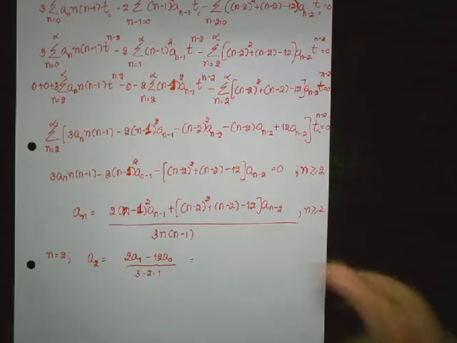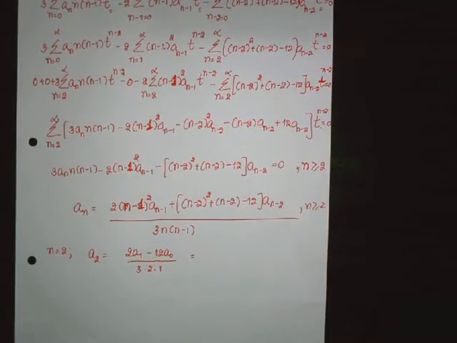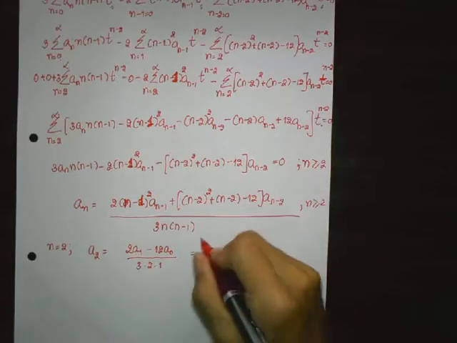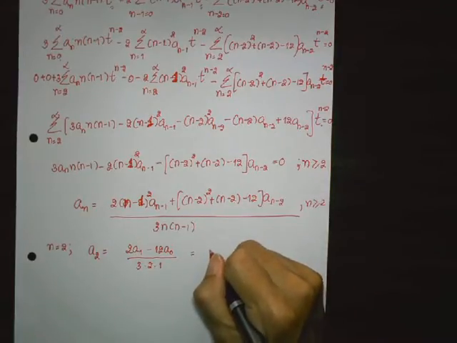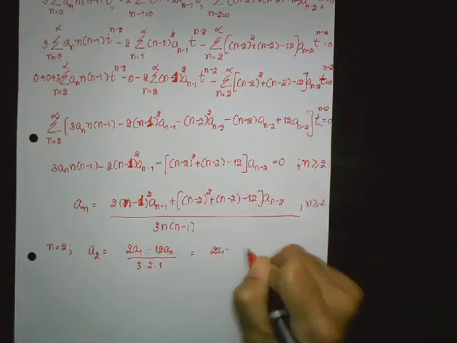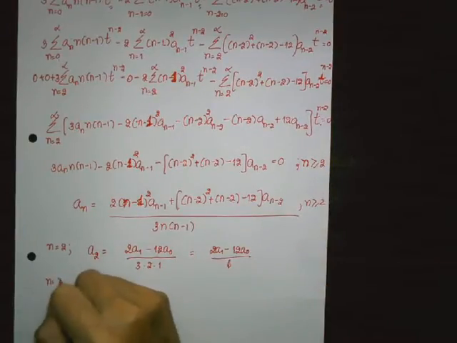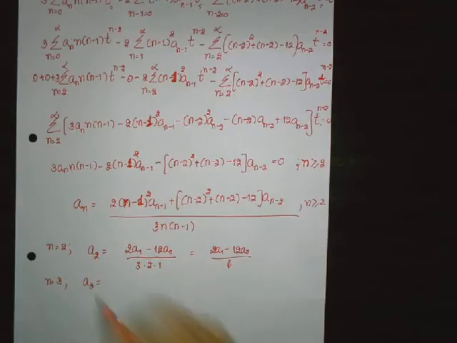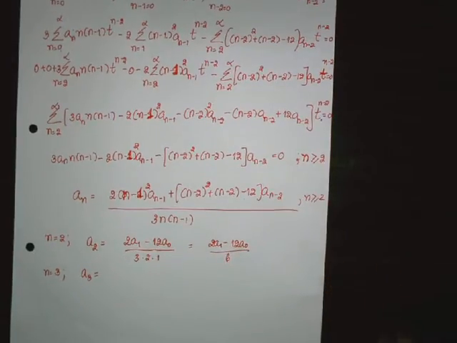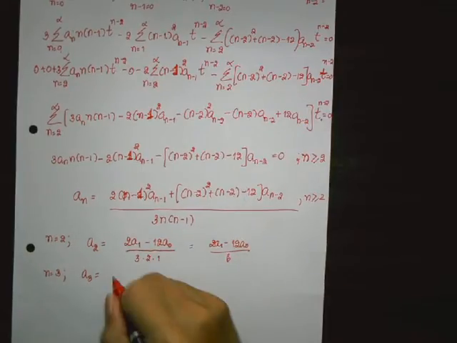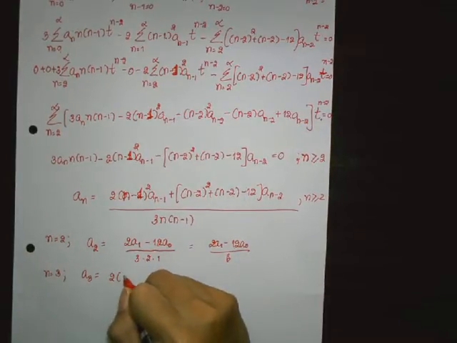If we can't arrange it into any relation, just try to put the whole number first, unless we can. But if we can't, just leave it there. N equal to 3, a3 equal to 8, right? Just plug the numbers in there, then we'll figure it out.